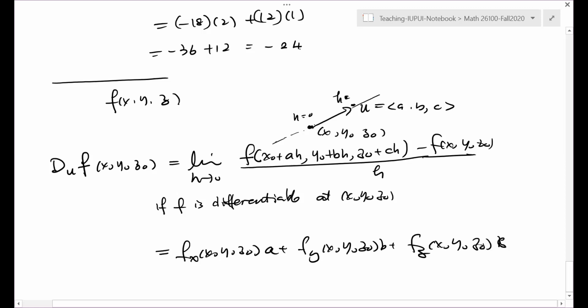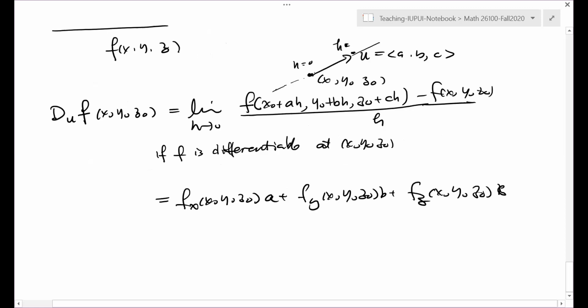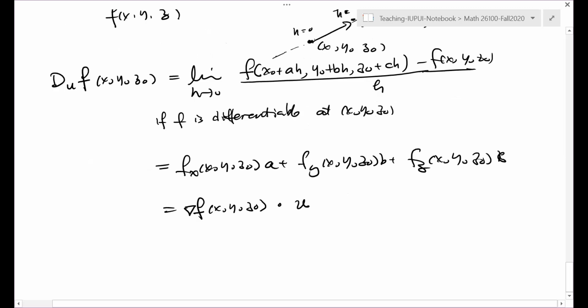Again, we are going to introduce a simple notation for this. This is going to be called the gradient of the function, dot product with u. So u has components a, b, c, right? And the gradient consists of three components.